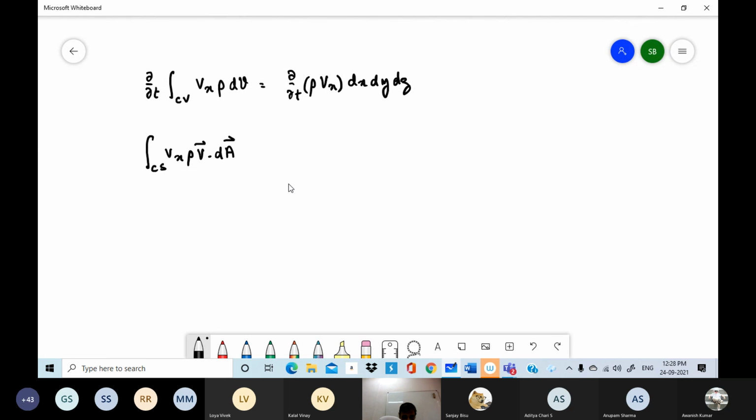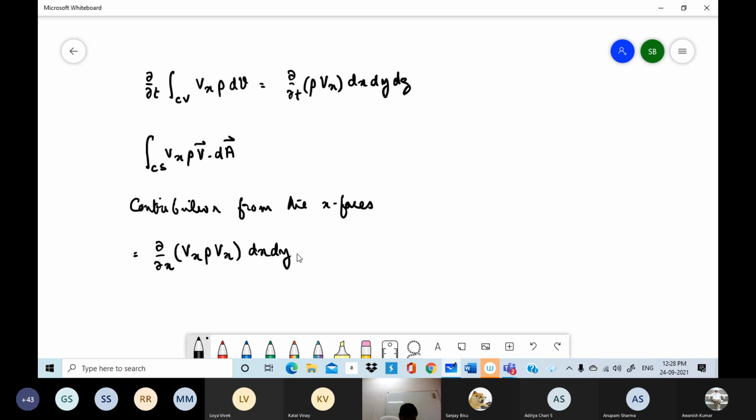So then we had started discussing the contribution from the control surface. So this is as far as we had done.